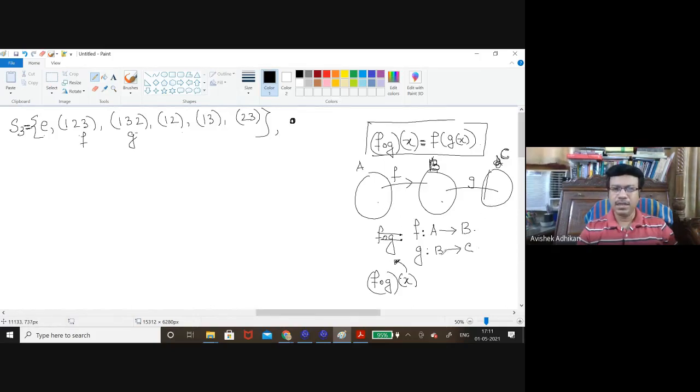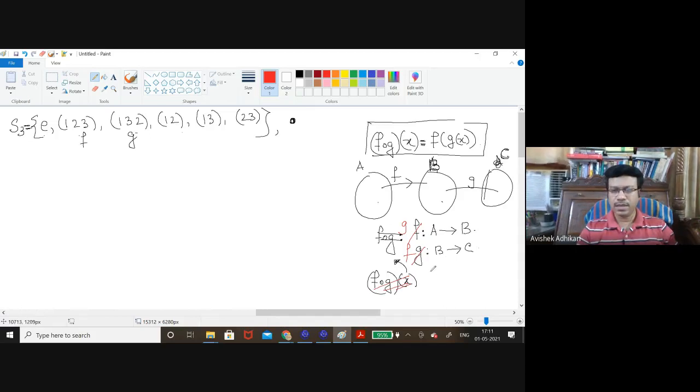As a result, if I draw it like this, it won't be the case. Instead, if I interchange this, putting G here and F here, let's check what the case is.